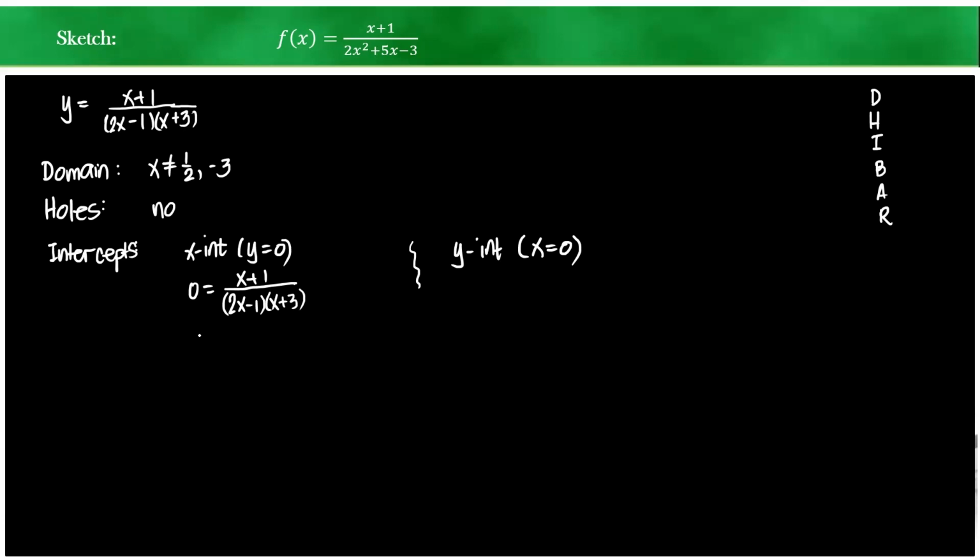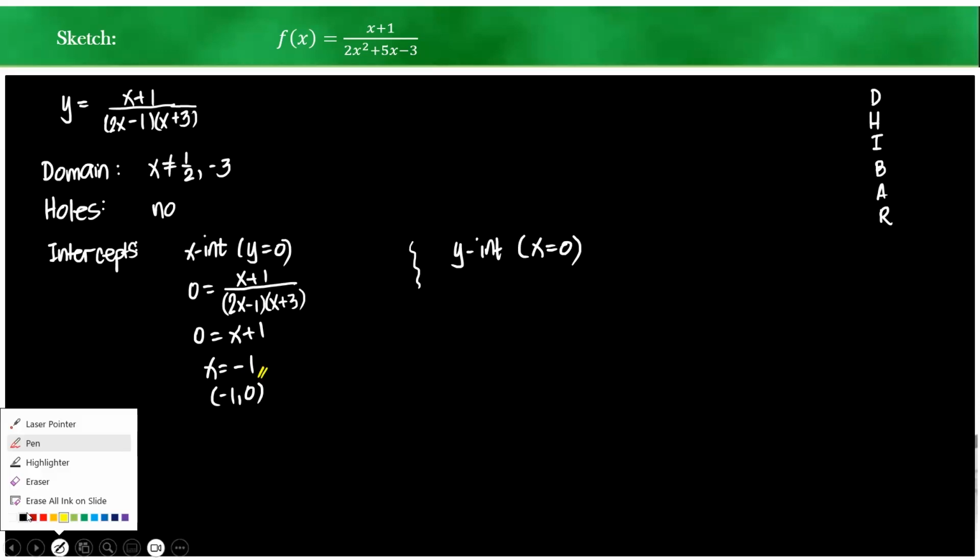So when I cross multiply, the denominator disappears because 0 times that. Right? Therefore, x is -1. Your x-intercept, if I would want to rewrite that in ordered pair, it's -1, 0. Or x equals -1 is your x-intercept.